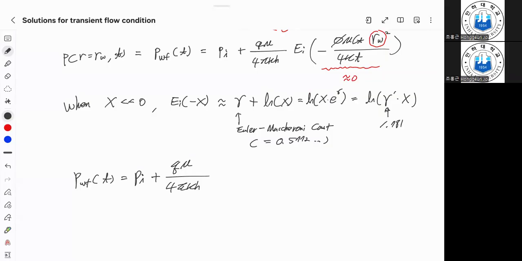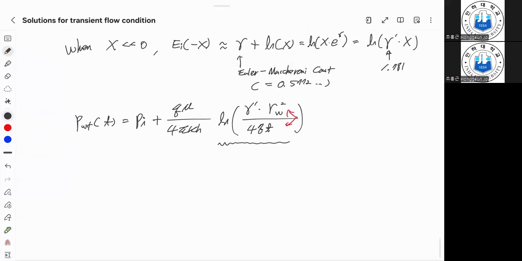This is equal to then 4 eta t over gamma prime times rw square. And again, this is a negative number, so we can switch the numerator and denominator by changing the sign of this log.